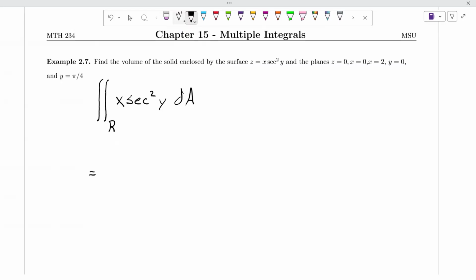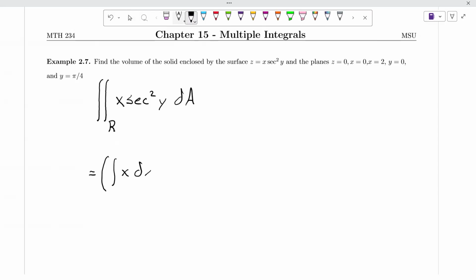And it seems like forever ago that I brought this up now, since I got distracted by trigonometry. But my integrand this time, x times secant squared y, that thing is separable. So I could write this as an x integral multiplied by a y integral.